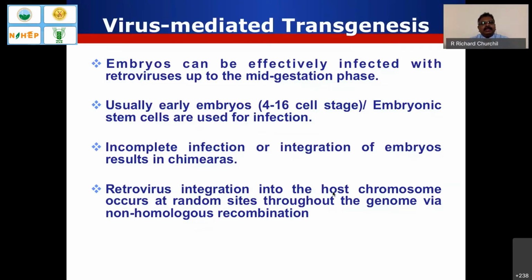The replication competent virus, once you use it, will again replicate. So it is dangerous to the handler. Whereas the replication-deficient form of the virus will do all the functions of integration of the foreign gene, everything, but it cannot replicate in the host cell. Thereby, it is safe compared to the replication competent virus.